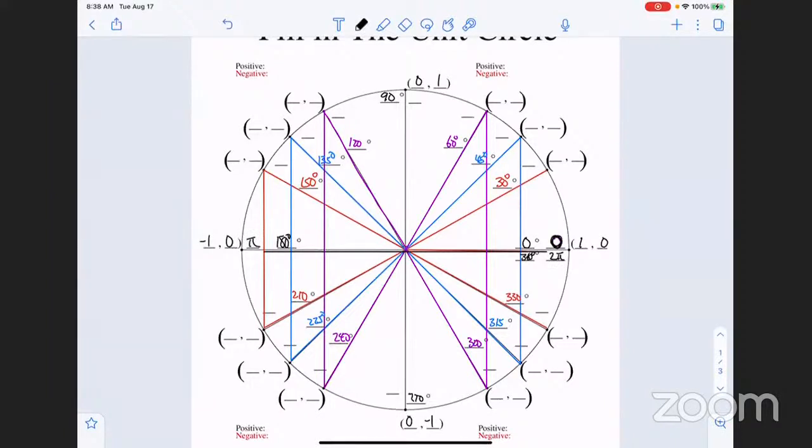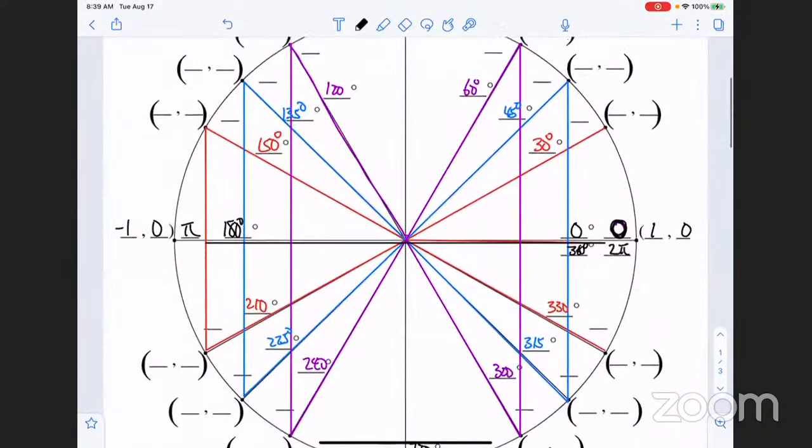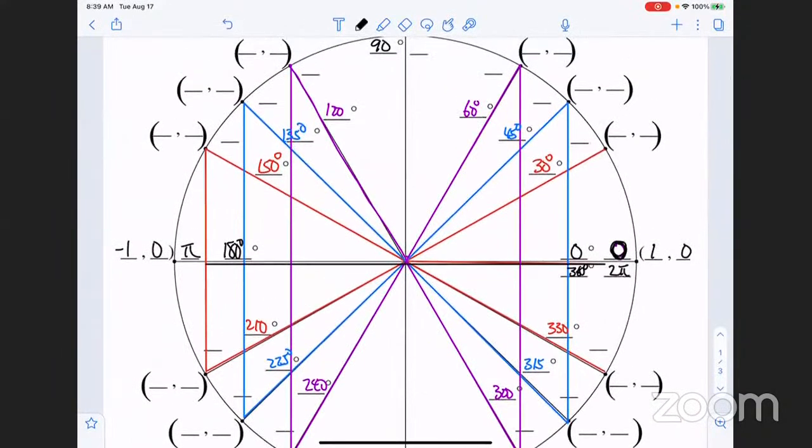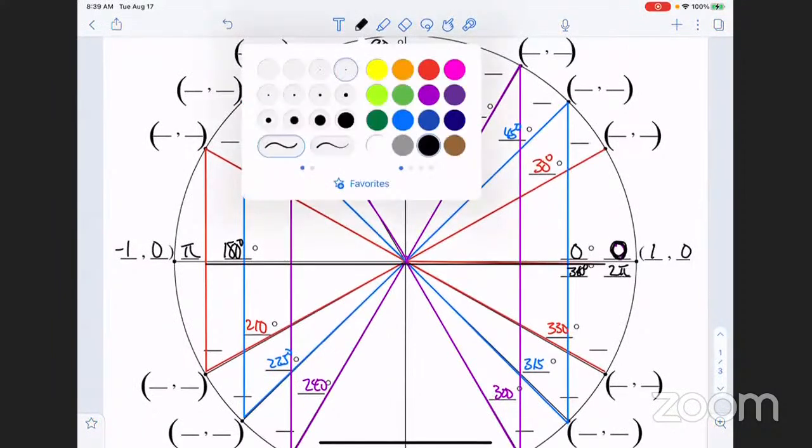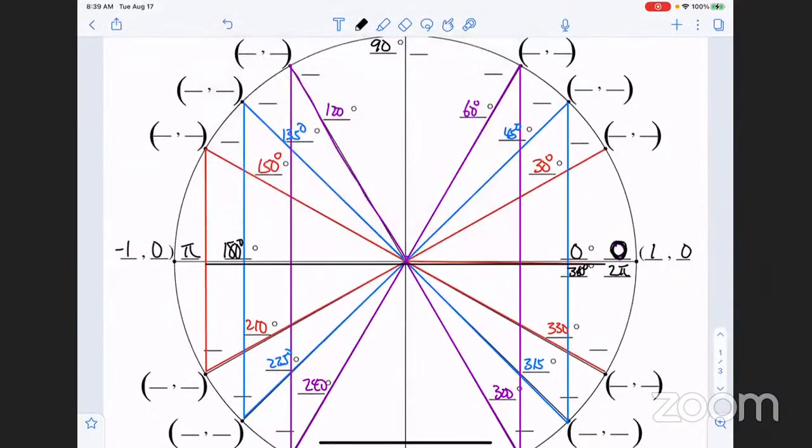Now, the pi and 2 pi are significant to help you determine all other things. So this pi is equal to 2 pi over 2, also 3 pi over 3, also 4 pi over 4, or 6 pi over 6.